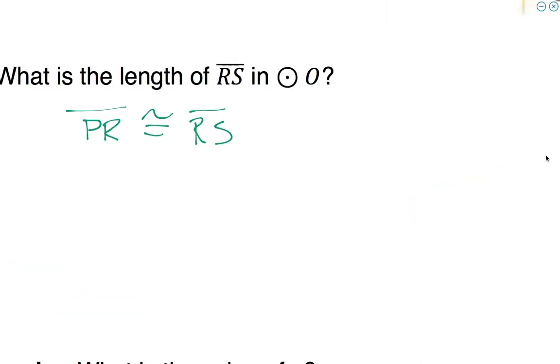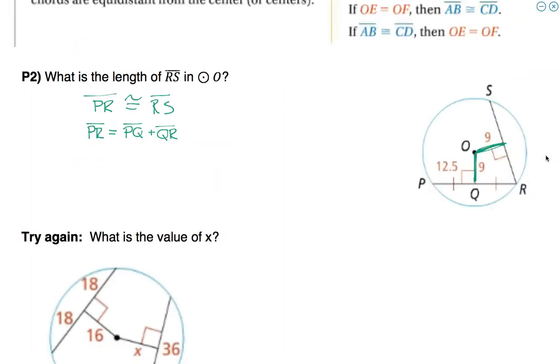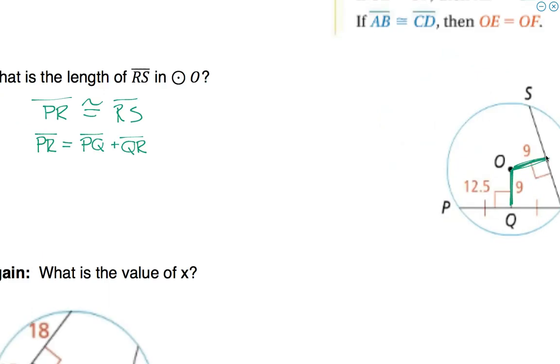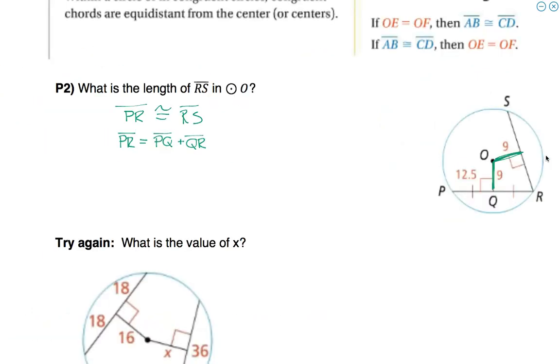We know that PR equals PQ plus QR. Sorry, PQ is congruent to QR.